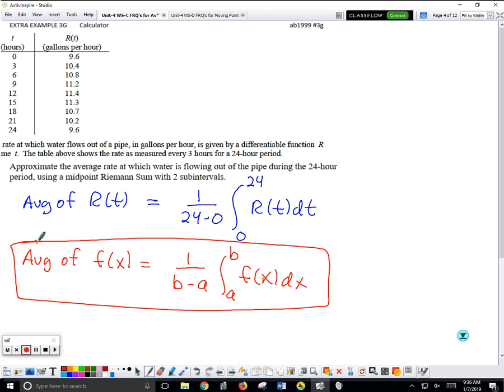The red is the flashcard you must have. Okay, can I erase the red?